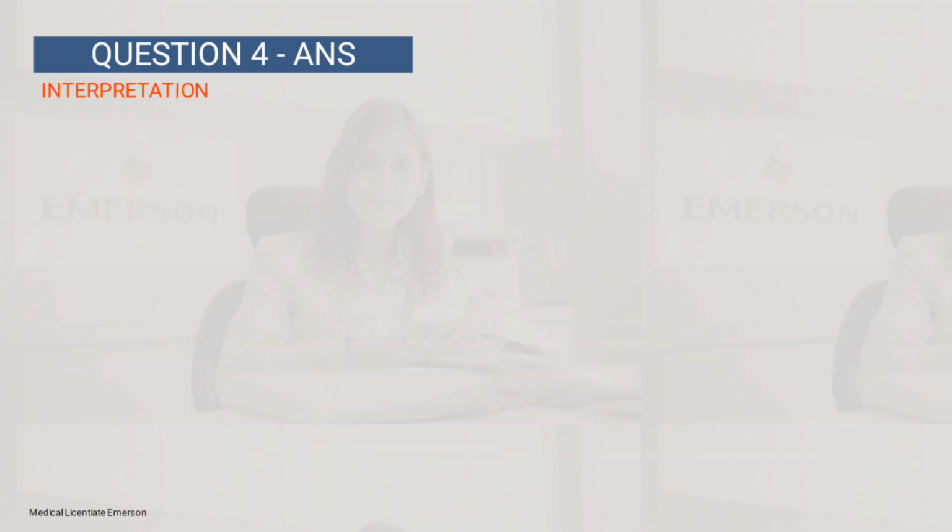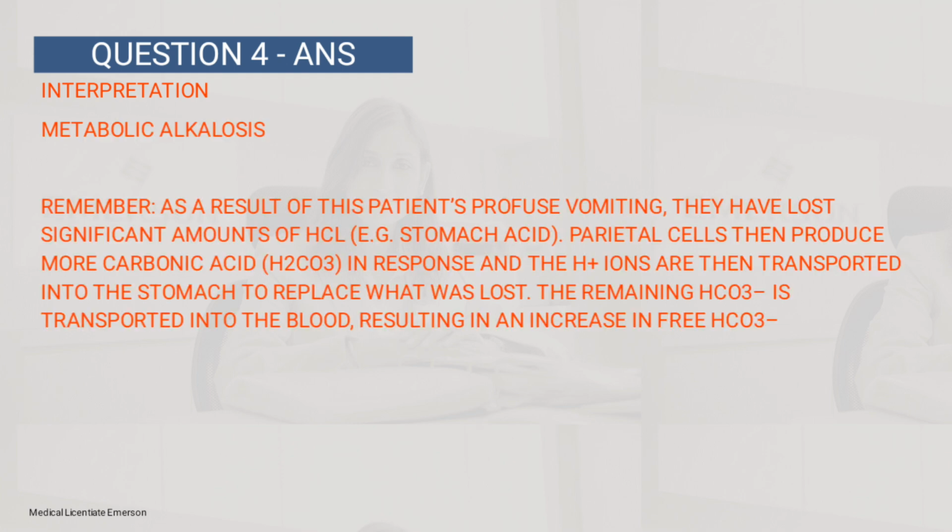Okay, so the interpretation of this scenario is that this is a metabolic alkalosis, and you have to remember that as a result of this patient's profuse vomiting, they have lost significant amounts of hydrochloric acid, which is the stomach acid as we know it.